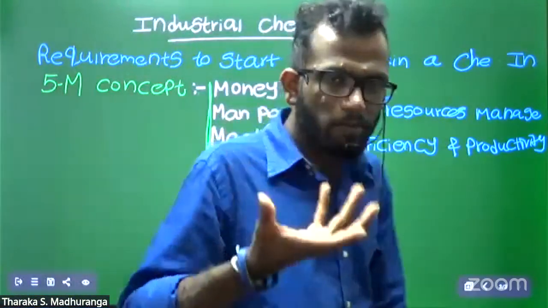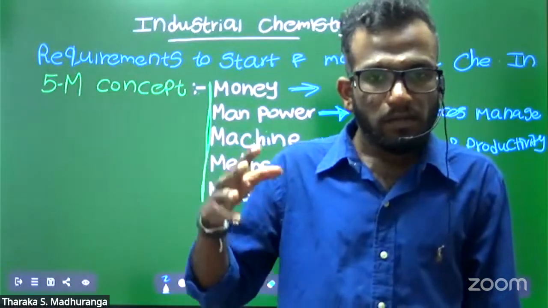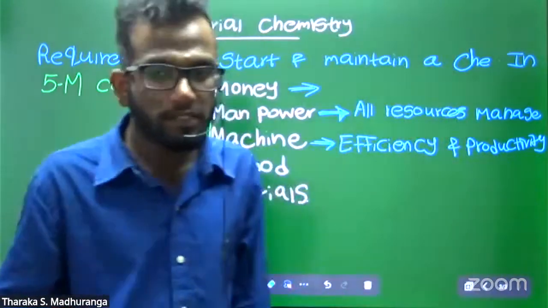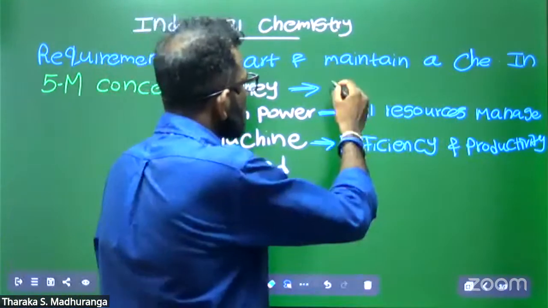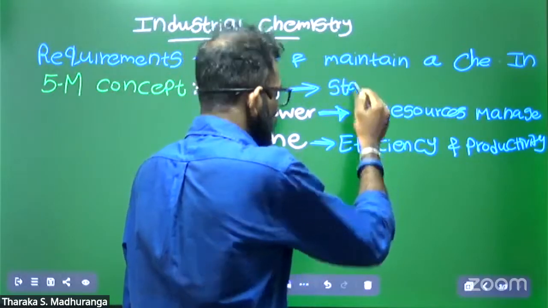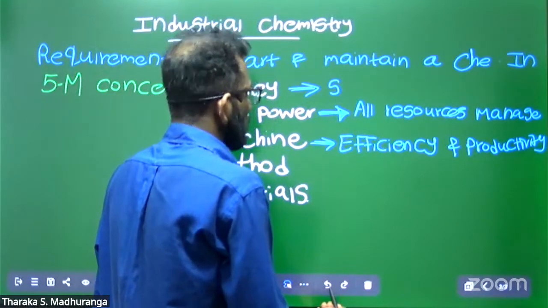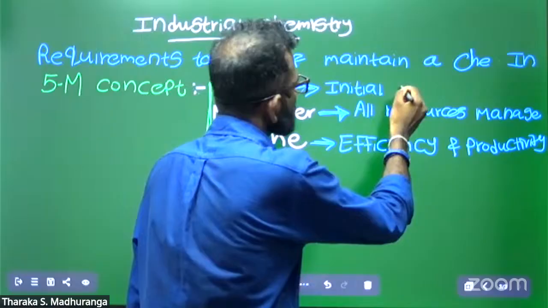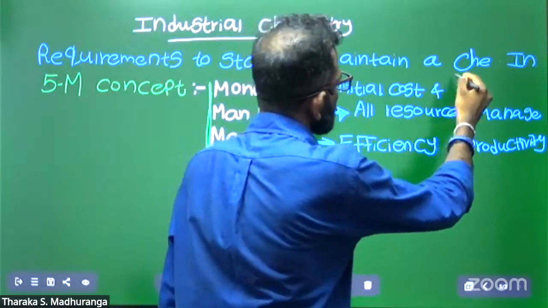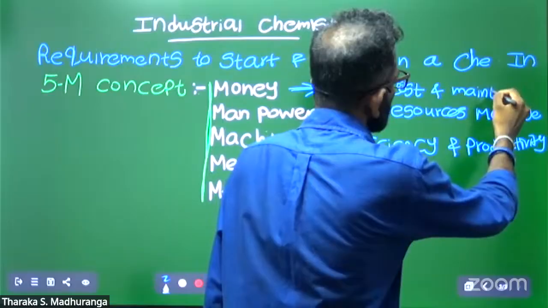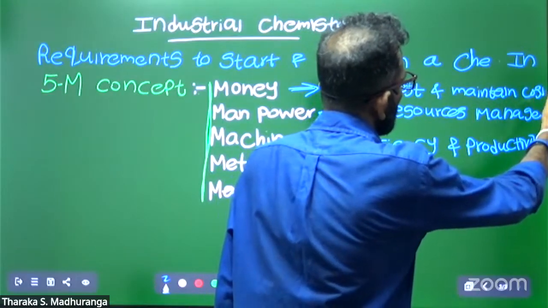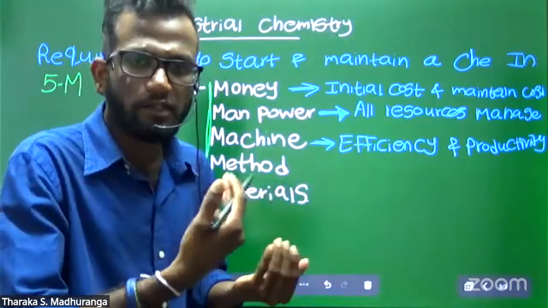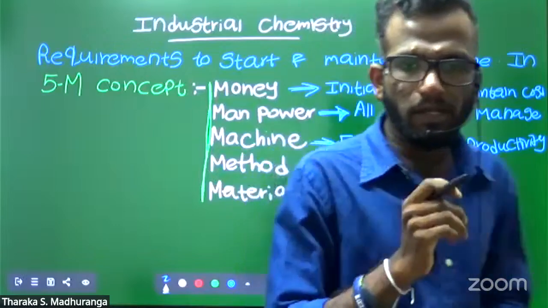We need sufficient money for the initial cost to start a chemical industry, and to maintain it. Start means the initial cost, and then the maintaining cost. Without initial and maintaining cost, we can't start a chemical industry. That's the thing.